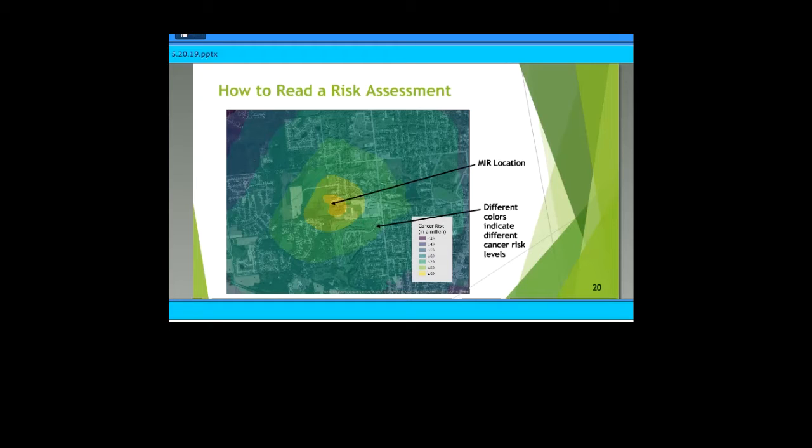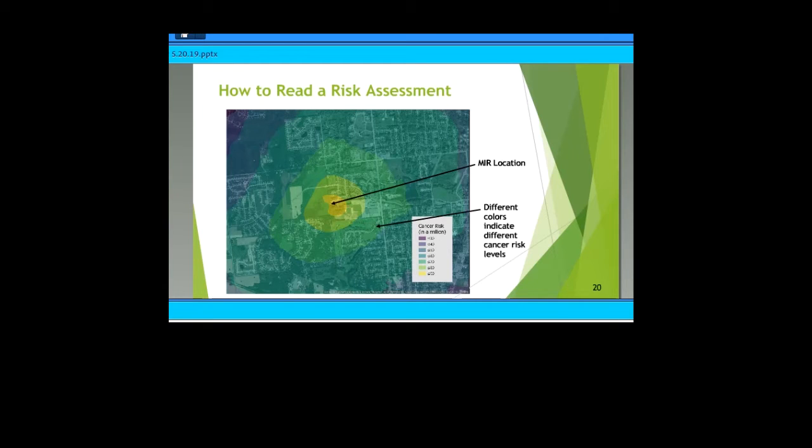So we'll do that for the surrounding area that we model. Now, if there are 2 petroleum refineries that impact the same community, we will add those impacts together. If there's a petroleum refinery and a chemical facility, we don't do that because we can't. Our regulations are designed to apply to industry sectors as they are.